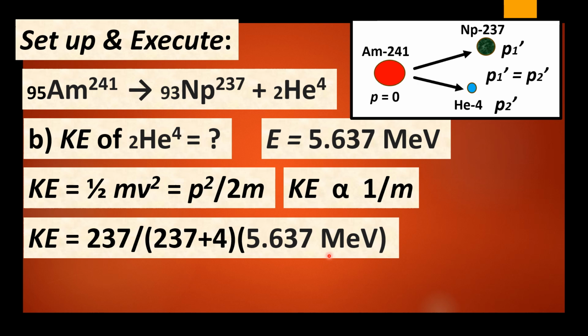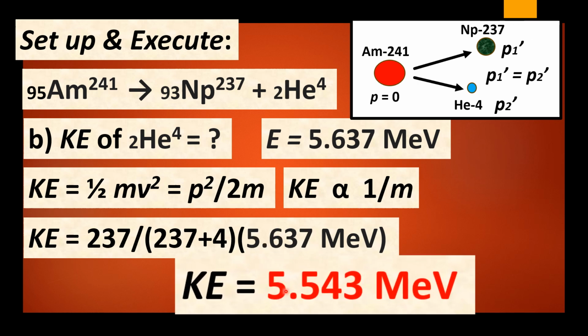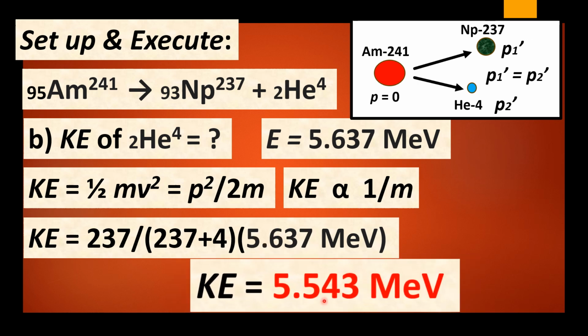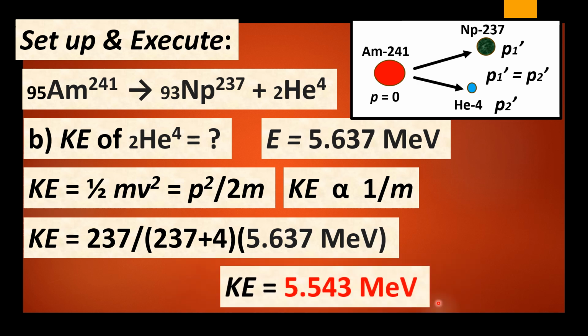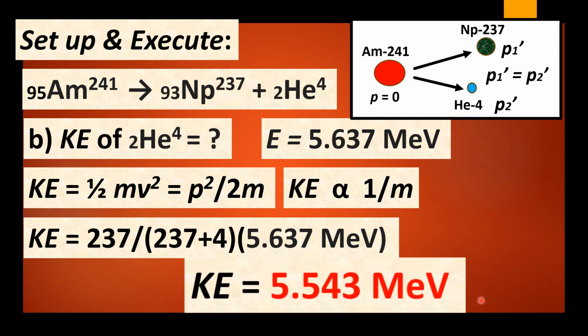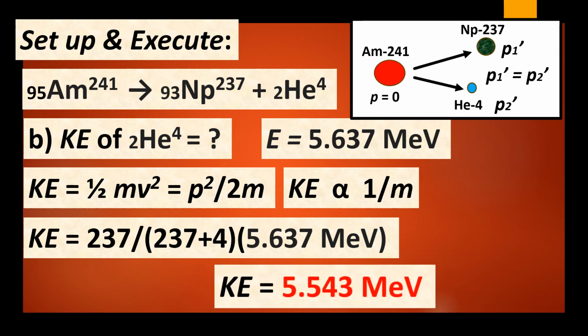So if we do our math, then the kinetic energy of the alpha particle will just be equal to 5.543 million electron volts, also rounded to four significant figures.